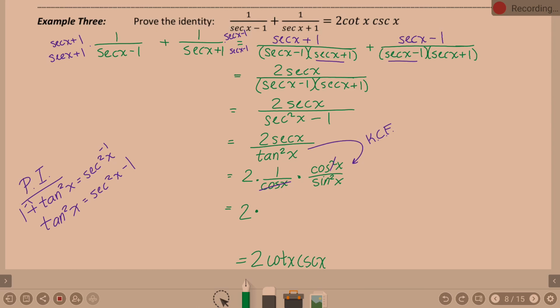What do you know about cotangent? Cotangent is cosine x over sine x. What do you know about cosecant? It is 1 over sine x. What just happened?